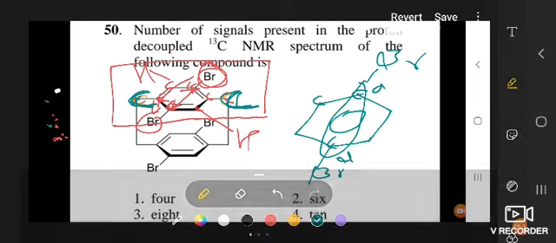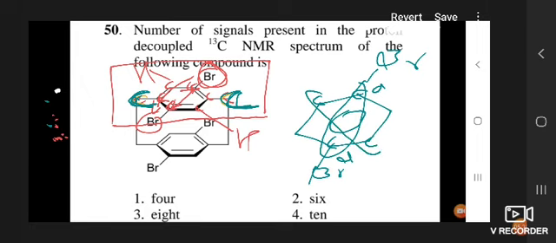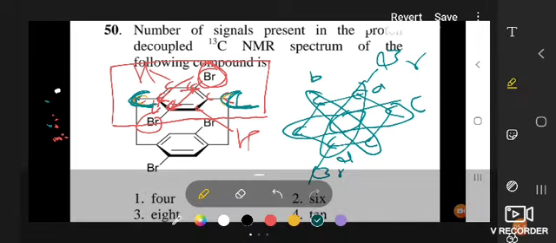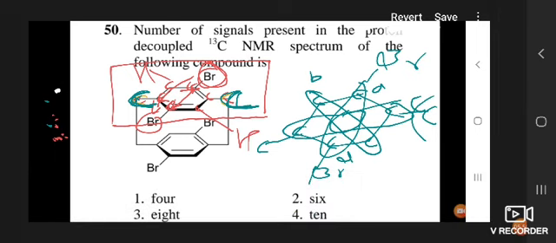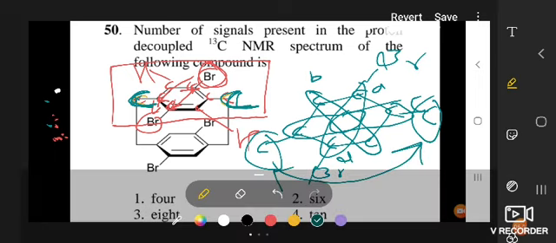Now these two carbons form the same group, suppose they are B, and these two carbons also form the same group, so it is C. And to these C carbons there are two carbons attached, and these carbons are again the same.